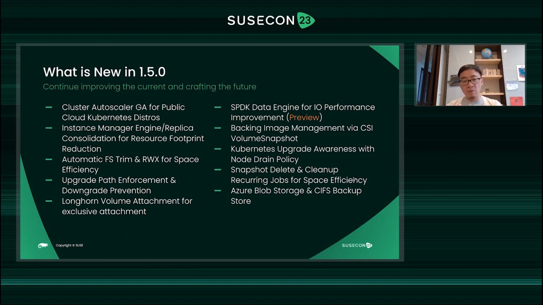However, we will allow you to roll back to the correct state without any data loss, with data kept intact. And downgrade as well: we will not allow users to do any downgrade, to prevent any surprises about backward compatibility of the data engine. And the same, if a downgrade fails, we can allow you to go back to a normal state without any data loss and with data kept intact.